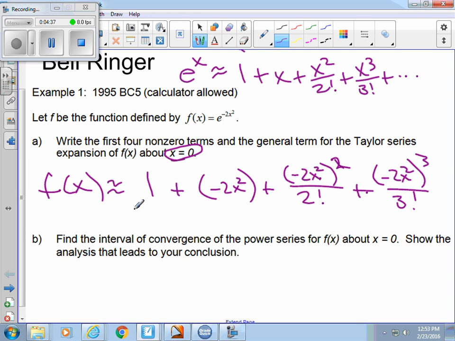Now, if you have it memorized, you're good to go, because the general term for e to the x was x to the n over n factorial. Would you agree this is x to the n over n factorial? Okay, so the general term for this one is negative 2x squared to the n over n factorial. Sorry, I ran out of room down there.